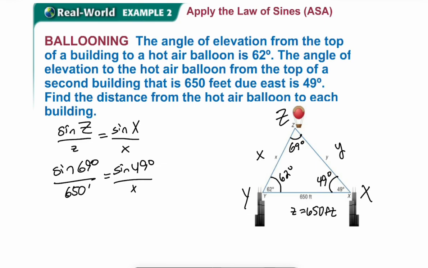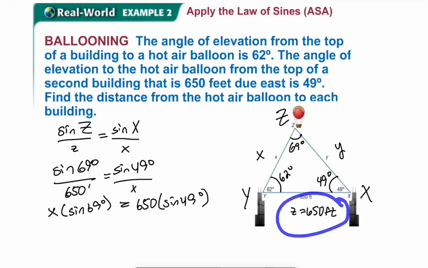So you'll see I use this pair. You have to use one finished pair. And then I used this pair to find the missing information. If we cross multiply, we get x times the sine of 69 degrees equals 650 times the sine of 49 degrees. Now before we actually enter this into a calculator, let's contemplate what we know. 650 should be the longest length of everything we do.